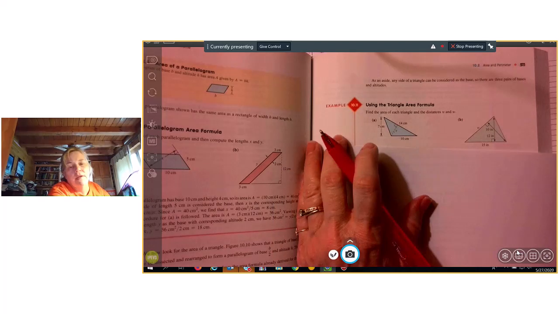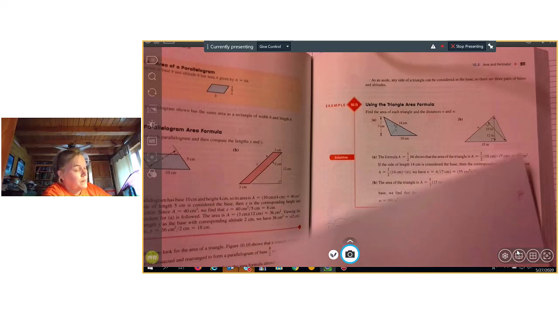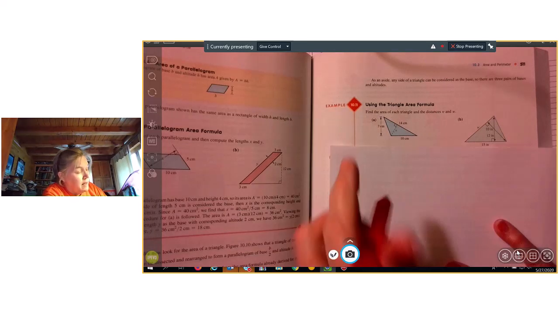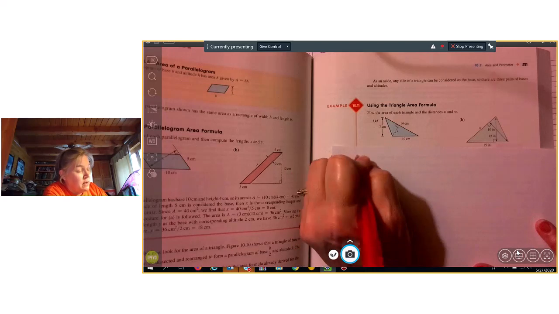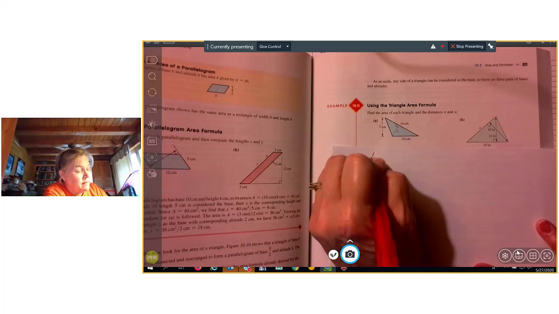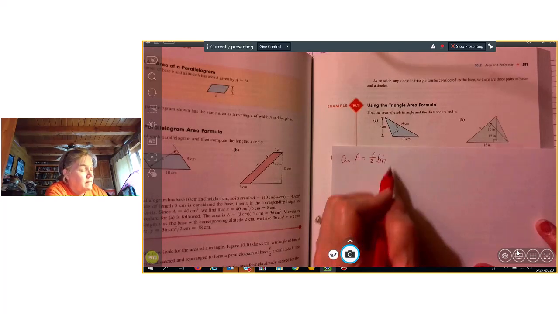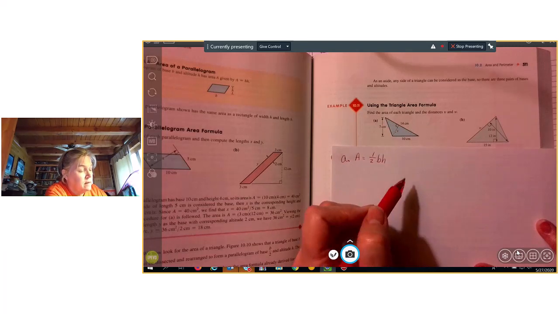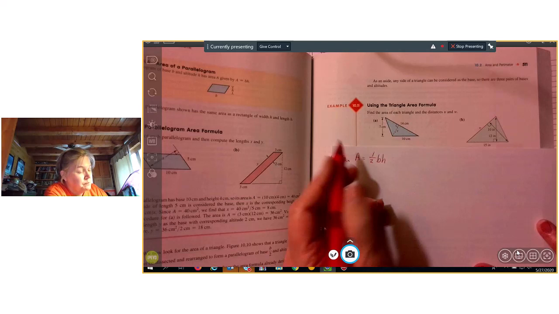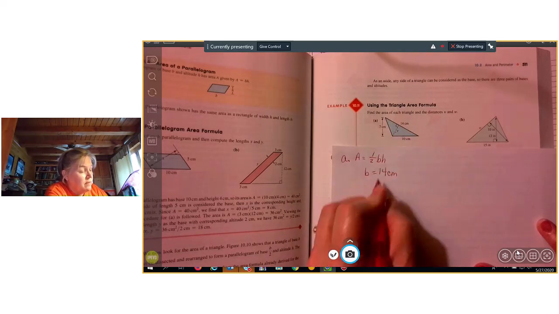So on A, what we're looking at is, what are we given? We know that area is going to equal 1/2 base times height. We are given a base of 14 centimeters, and we're given a height of 7 centimeters.